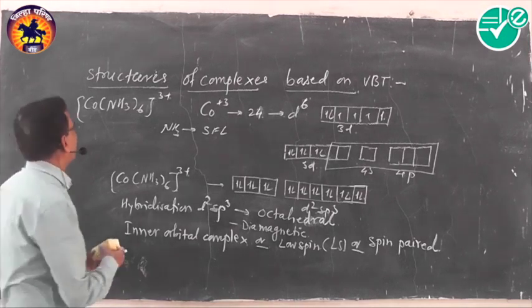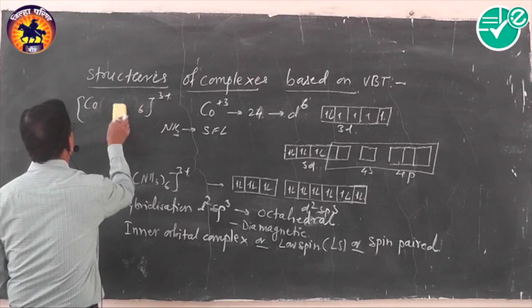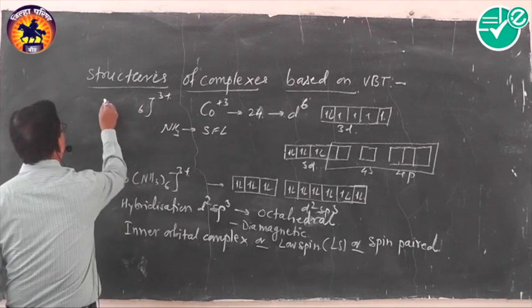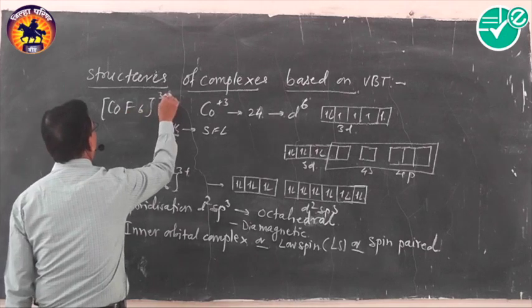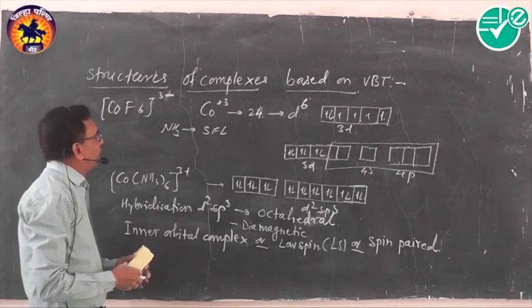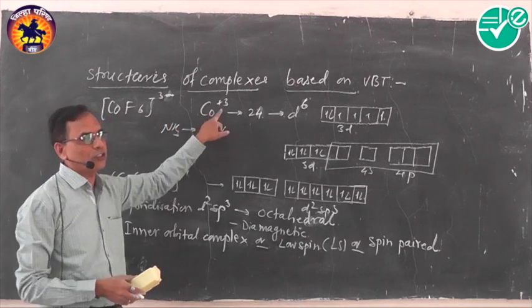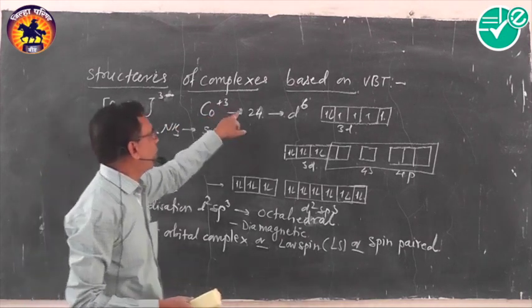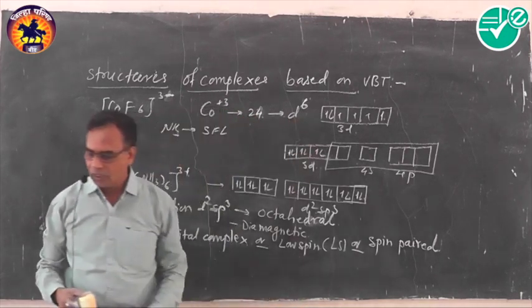One more complex that we have to see is [CoF6] 3 minus. Now in this case also, this Co has oxidation state +3, the number of electrons is 24, and it is a d6 case.